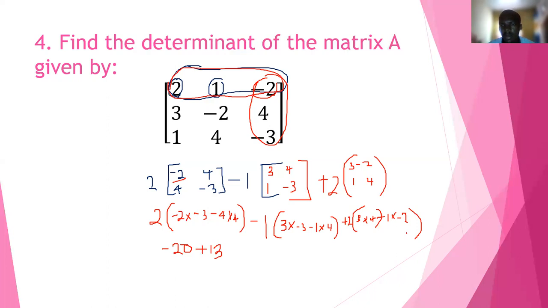Then also we have 3 times 4, which is 12, minus 2, get 10.